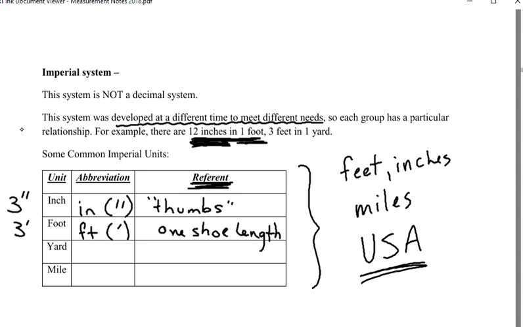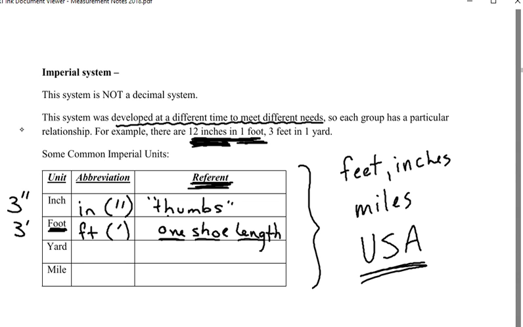So to be consistent and to be useful, they came up with a very universal understanding. Hey, this is what a foot's going to be. A foot is going to be like 12 thumbs, 12 inches in a foot, because different people had different shoe lengths. So you're saying, oh, it's 3 feet long. Well, a really petite female compared to a monstrous male, their shoe lengths, 3 feet, would be very different.